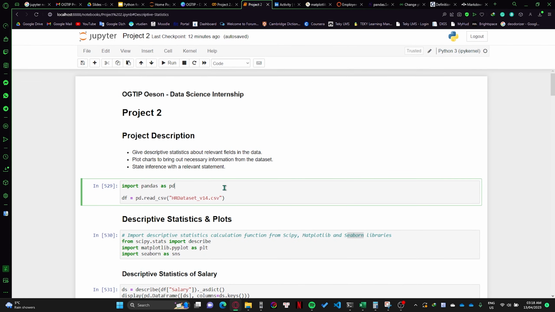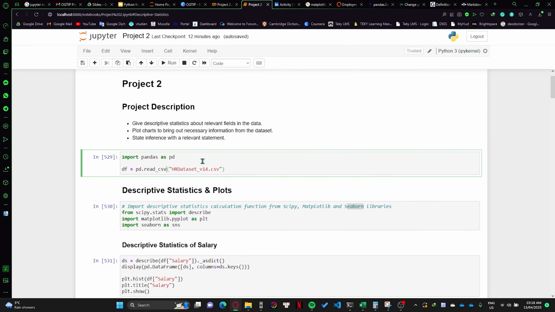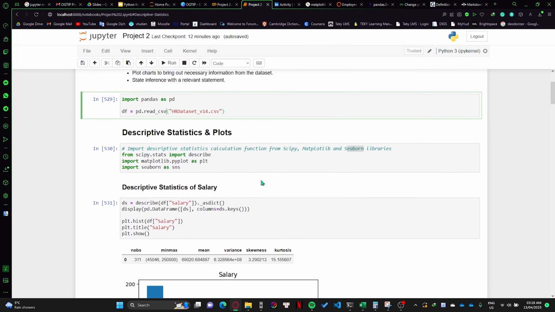So first, I need to read the data from the CSV file, using Pandas and the read CSV function.